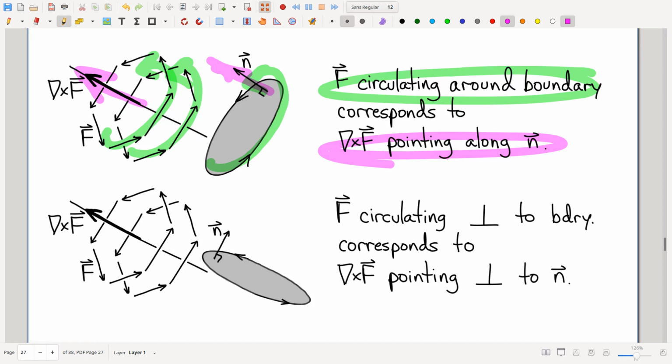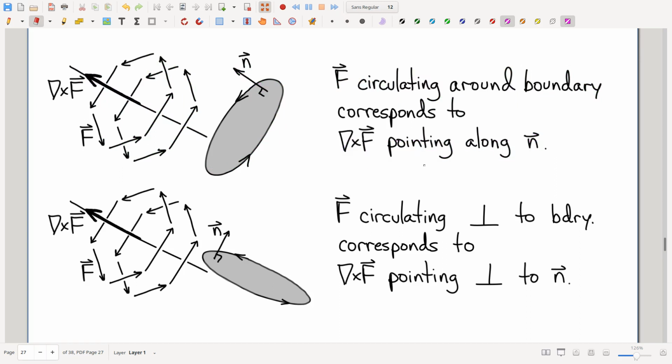And then analogously, you can look at where they just don't line up. For example, here, the same vector field, this rotation of the fluid that way just doesn't line up with this. The rotation of the fluid and the rotation of the way that the boundary is going around are just around different axes.